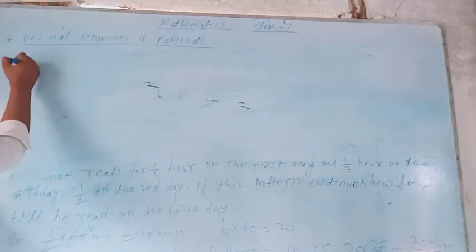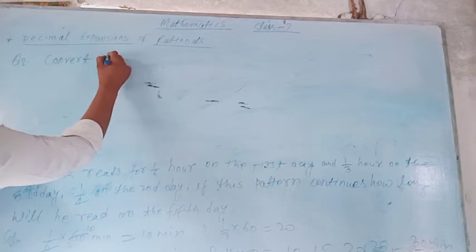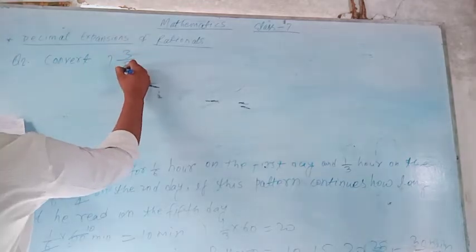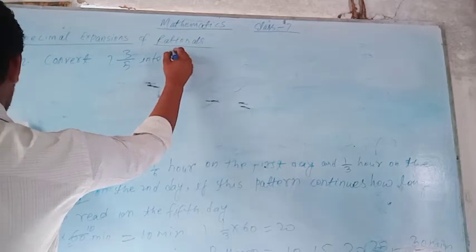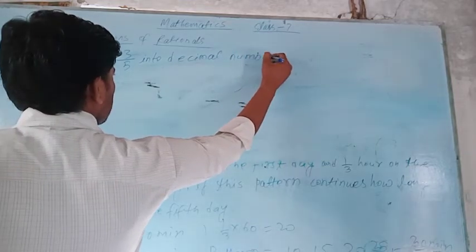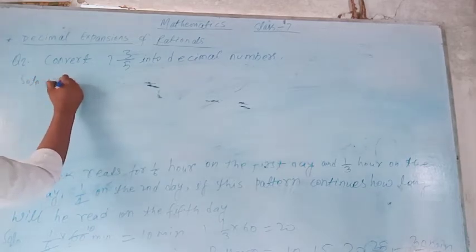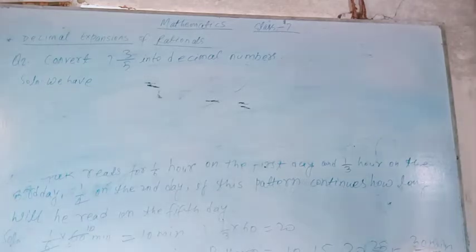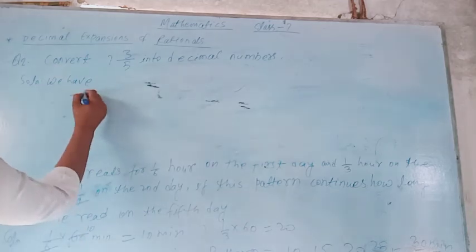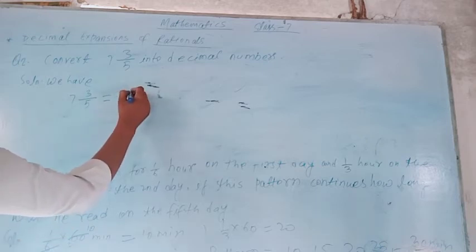Question number 2. Convert 7 whole 3 upon 5 into a decimal number. Solution. We have 7 whole 3 upon 5 is equal to 7 into 5, 35, plus 3, 38 upon 5.